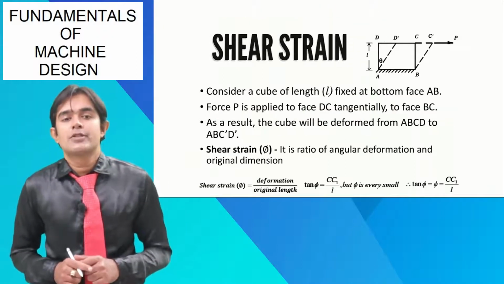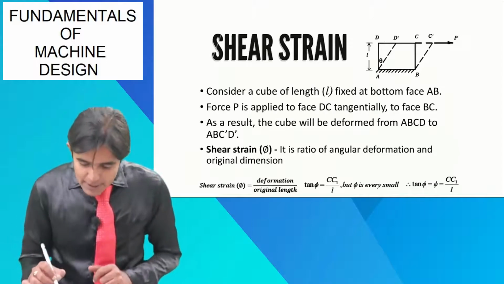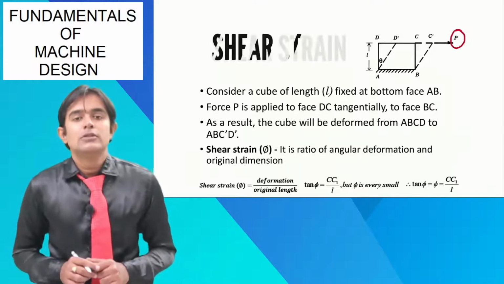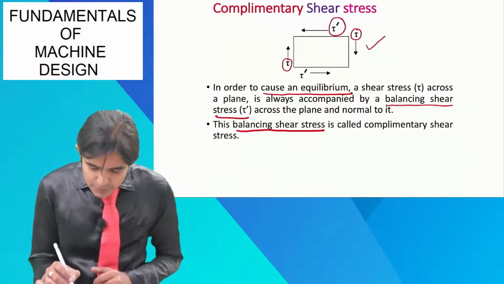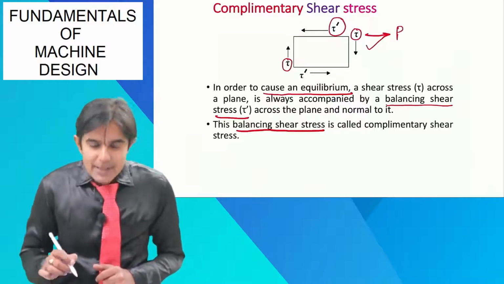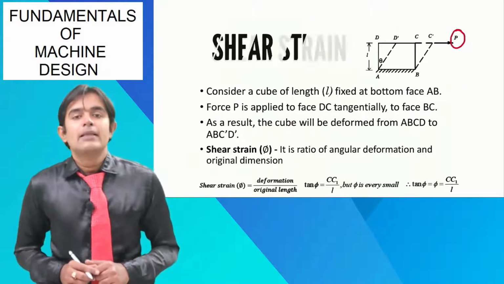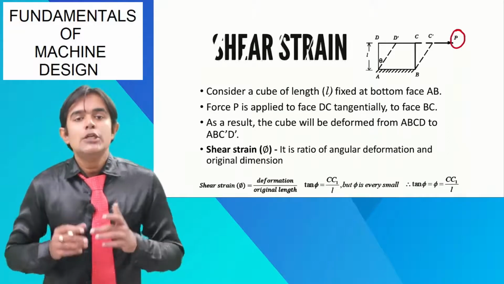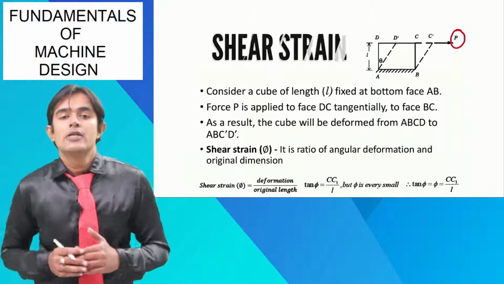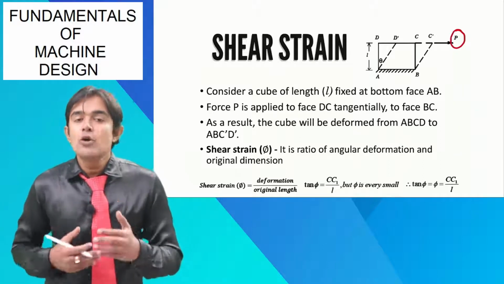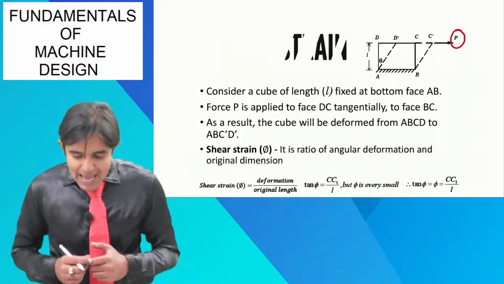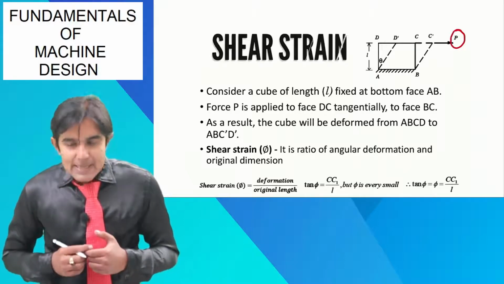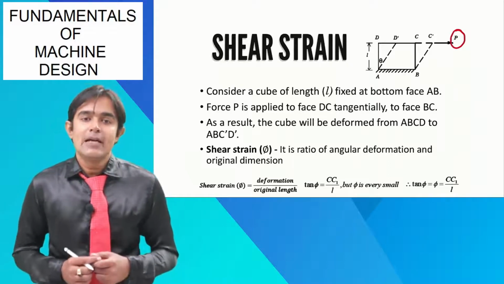Next is the shear strain. You can see if a force is applied to this block in this direction, then the plane which was ABCD, due to the application of the force P, has now shifted to A, B, C dash and D dash.